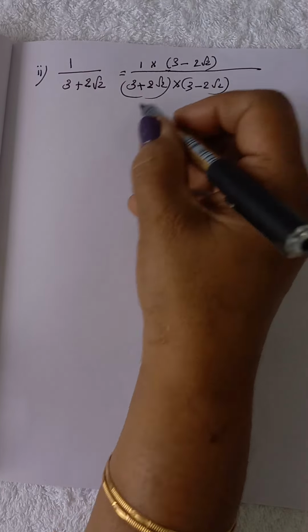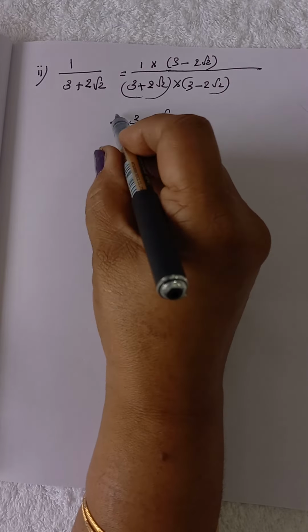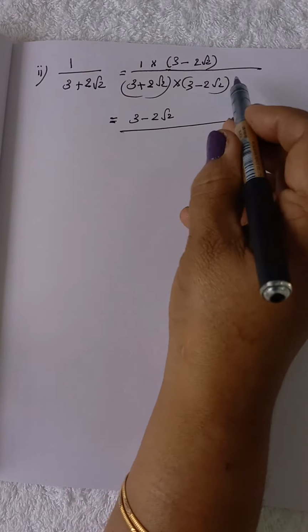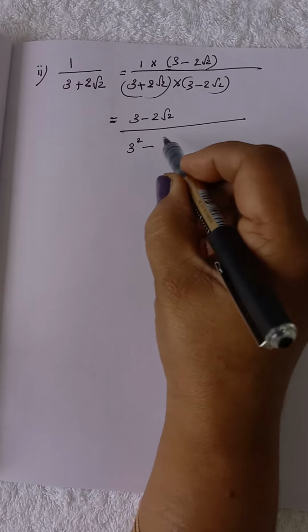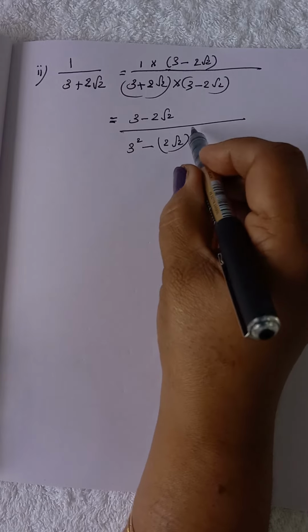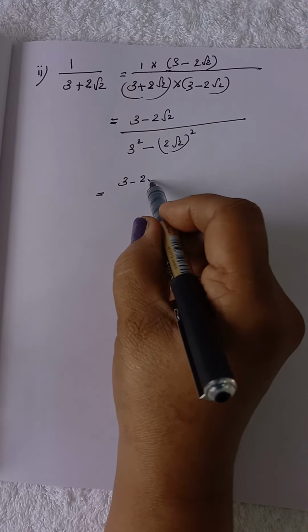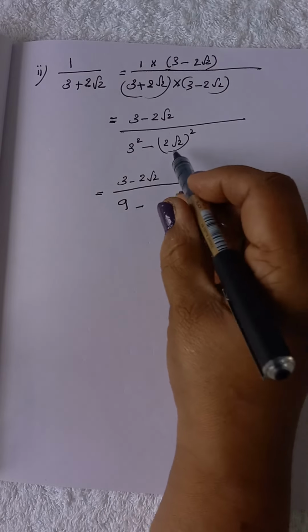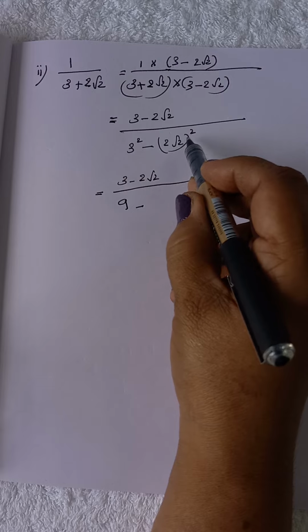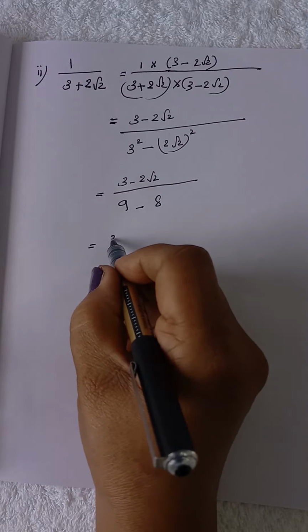That is equal to (3 minus 2 root 2) divided by, in the (a minus b) into (a plus b) form, 3 square minus (2 root 2) whole square. That is (3 minus 2 root 2) divided by 9 minus, 2 square is 4, 4 into root 2 square is 2, so 4 into 2 is 8. That is 3 minus 2 root 2.